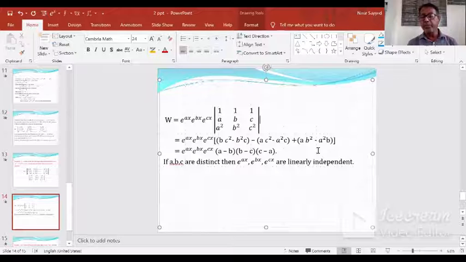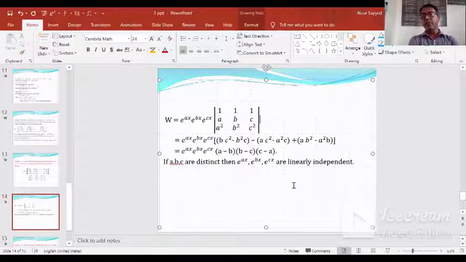If all these a, b, c are distinct, meaning a is not equal to b is not equal to c, then these terms are non-zero. If all these are distinct, then this Wronskian is not equal to 0, and then they become linearly independent. The answer to the next statement in the example: when these functions are linearly independent, if all a, b, c are distinct, then e to the power ax, e to the power bx, e to the power cx are linearly independent.